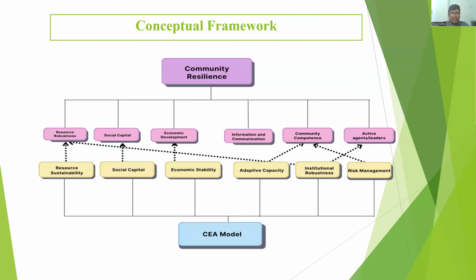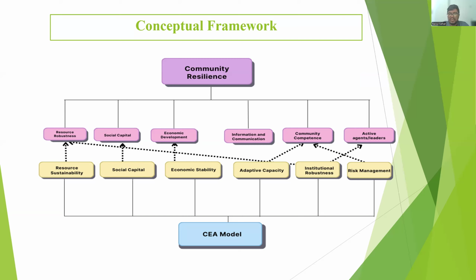Here we have tried to present the conceptual framework, which is how the whole research tries to understand how the community enterprise model, with its inbuilt factors and mechanisms, contributes to the factors of community resilience. We can see how resource sustainability contributes to resource robustness, and economic stability and business diversity contribute to economic development.